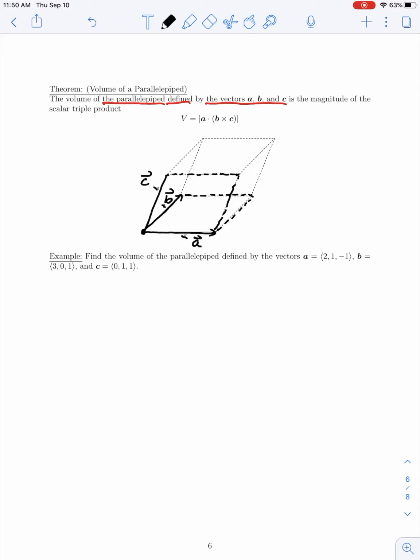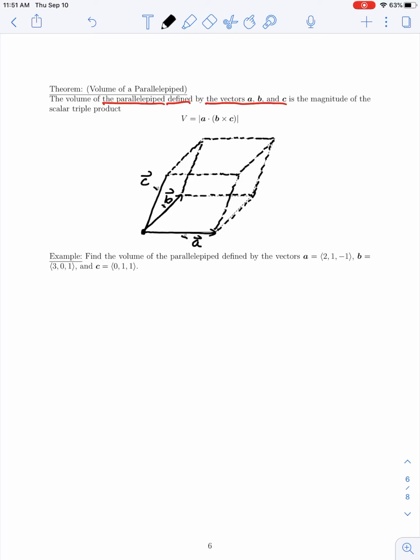The one formed by A and C was shown here, and then B and C form a parallelogram in some other plane. So if we think about the region of space defined by those three vectors, we have a shape which is referred to as a parallelepiped, and it's defined by these three vectors A, B, and C.